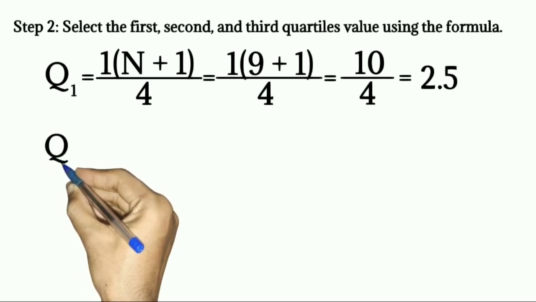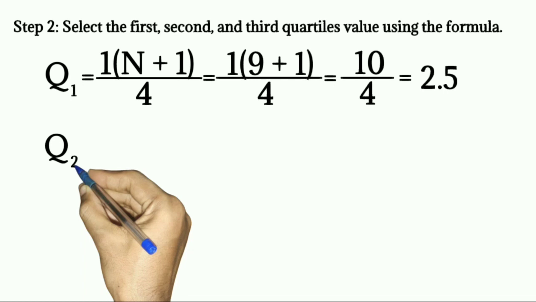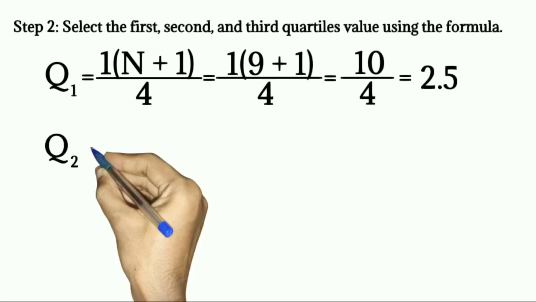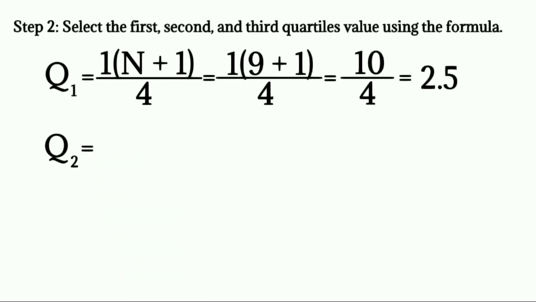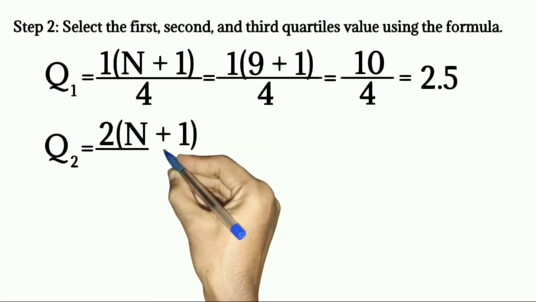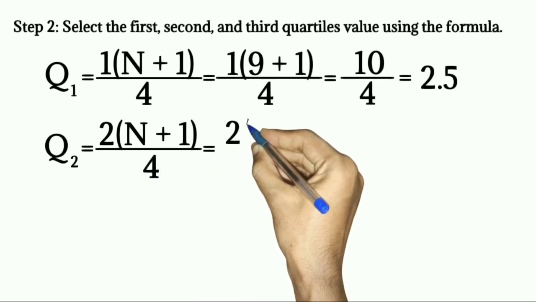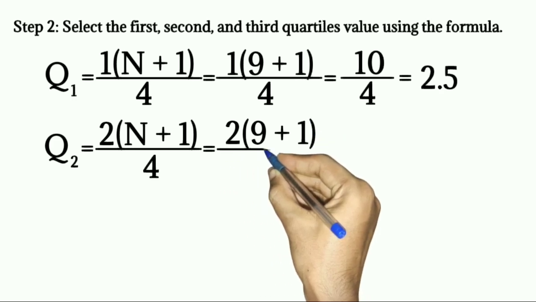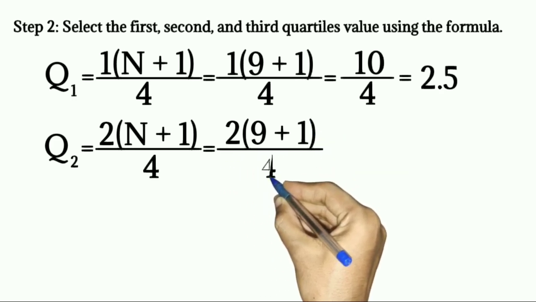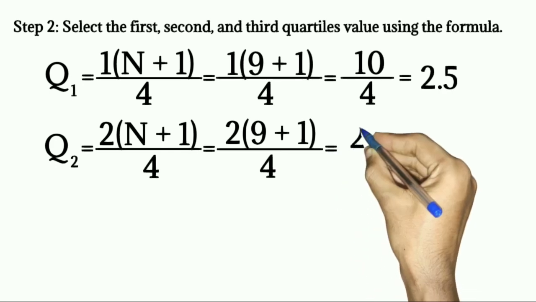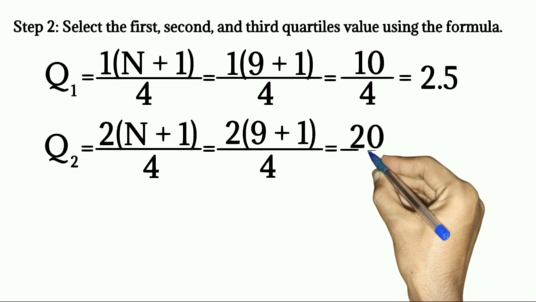Next, i-compute naman natin yung second quartile. Since second quartile yung hinahanap, the quartile location is equal to 2. The second quartile is equal to 2 times n plus 1 divided by 4. Substitute the value of n. That will become 2 times 9 plus 1 divided by 4. 9 plus 1, that is equal to 10 times 2, that is equal to 20.